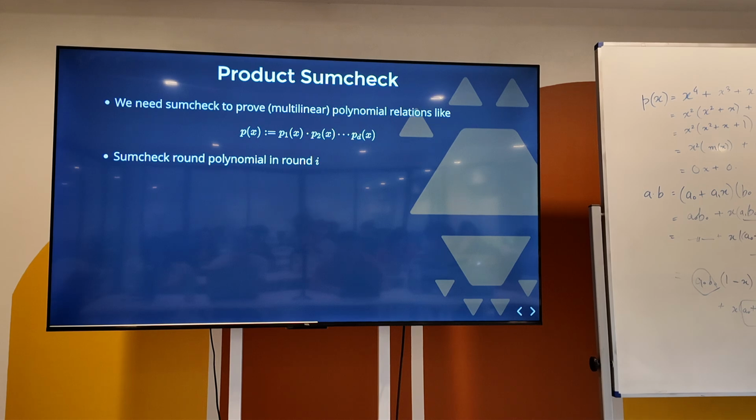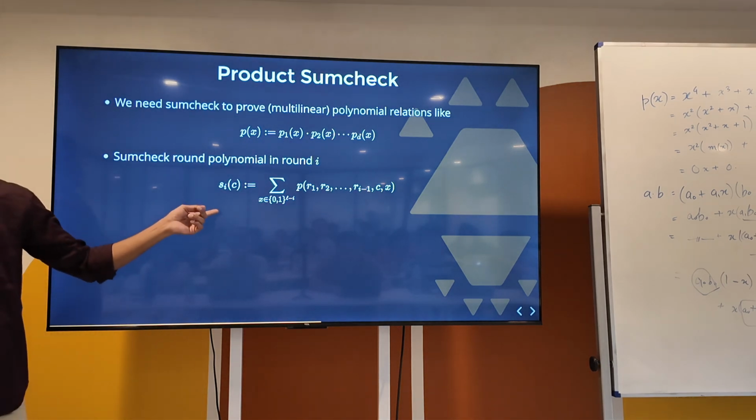So if we quickly take a look at the definition of a round polynomial in sumcheck, I'm calling it S_i evaluated at c. c is some variable. Typically the value of c will be 0, 1, 2, up to a small integer. In the previous slide, I showed you that we are interested in making this round polynomial computation faster, right?